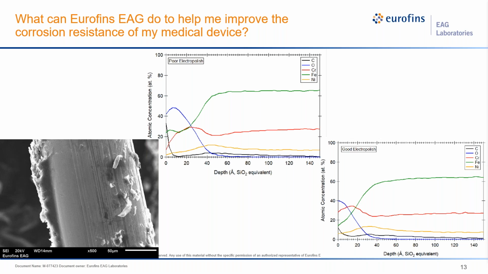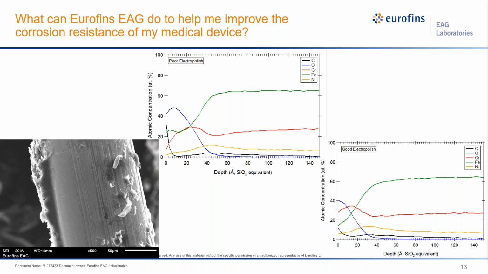This oxide layer is often further developed using a passivation technique to enhance the corrosion resistance of the medical device. Auger analysis can assist in determining the consistency of the passivation techniques in multiple areas within one sample or one specific area across many samples.